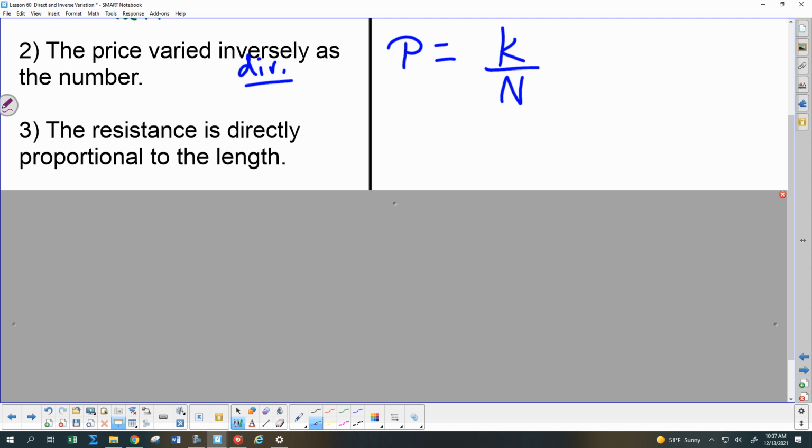Resistance is directly proportional to the length. Hendricks, what did you write down? Thumbs up, thumbs down. Do you agree with that? I'm seeing thumbs up all around the room. Resistance is directly proportional means exactly the same thing as varies directly.